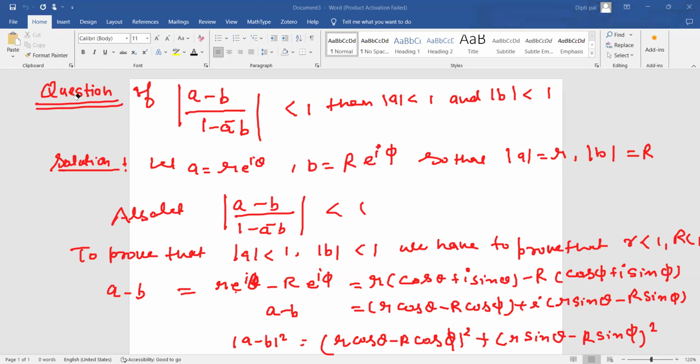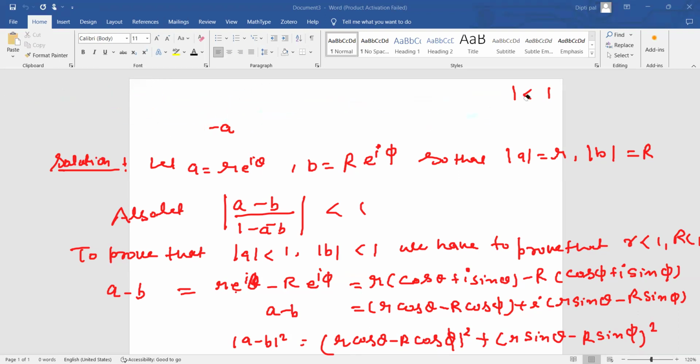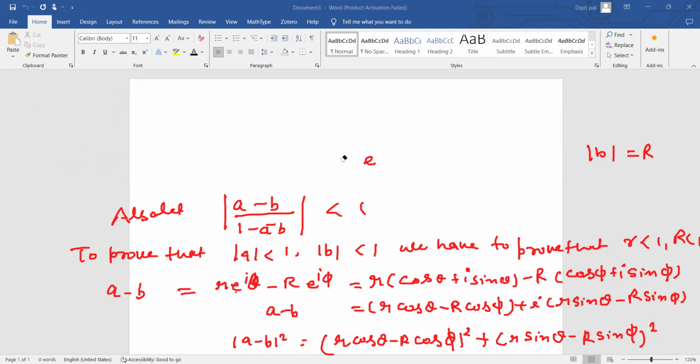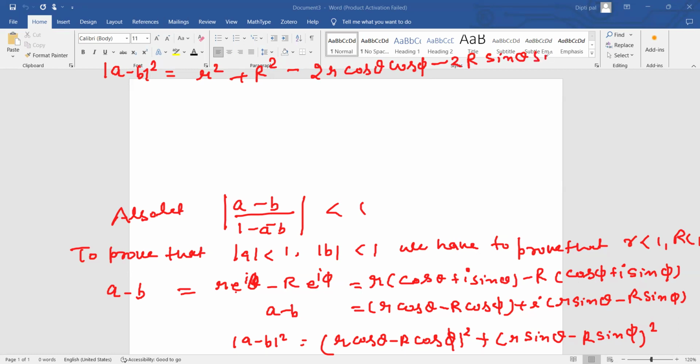So what we get: modulus of a minus b whole square will be r square plus capital R square minus 2 capital R r cos theta cos phi minus 2 capital R r sin theta sin phi.